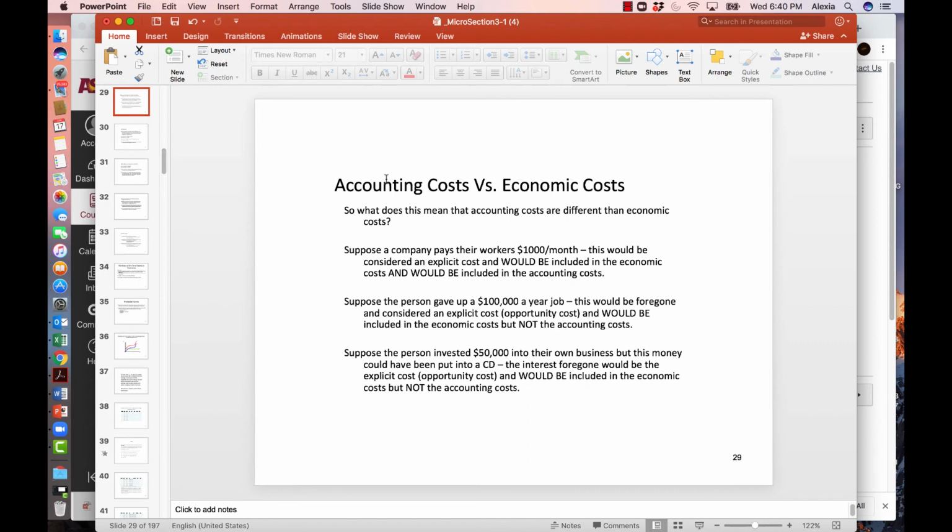So in economics, in order to get profits, and actually it's not just economics, it's accounting too, the way you get profits from a firm is it's a formula. You take the revenue that the firm's making, so the money coming in, and you minus out costs. So that's how we get profit.